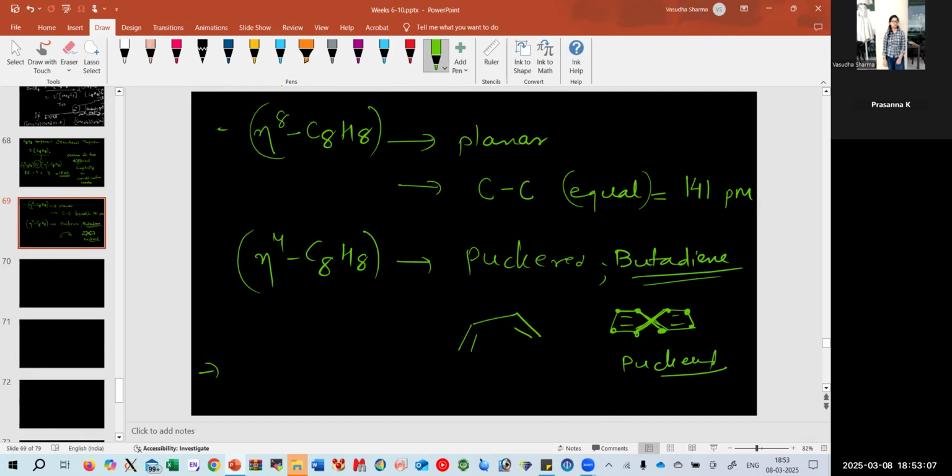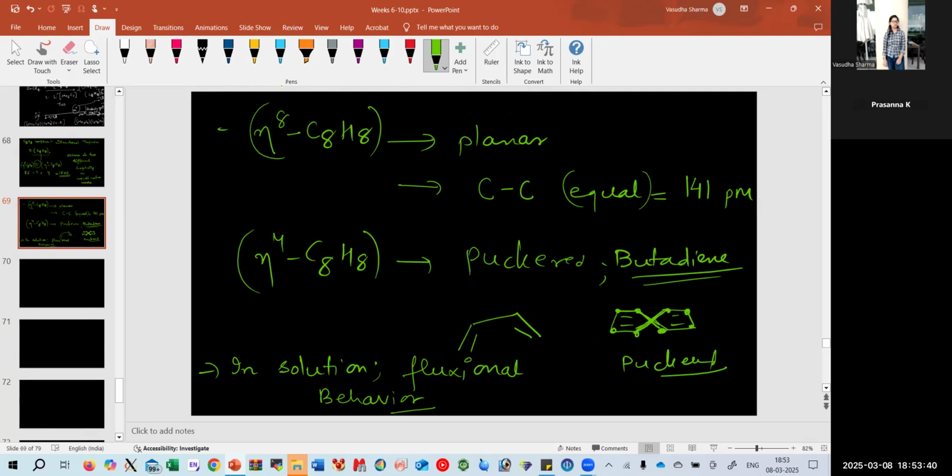And the third property that it has is that in solution phase, we see fluxional behavior. Fluxionality we have seen, for example, if we have a ligand going from eta 5 to eta 7 or eta 7 to eta 5, changing the hapticity often, that is called fluxional behavior, where rapid exchange is happening.